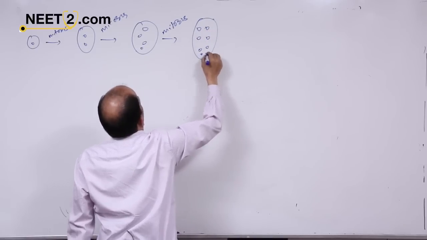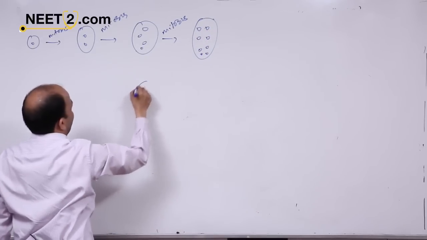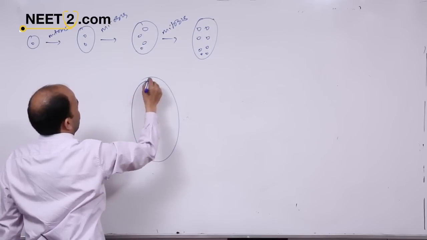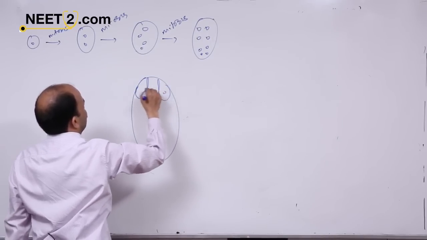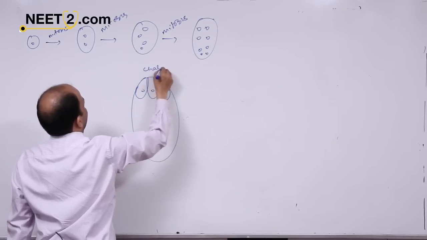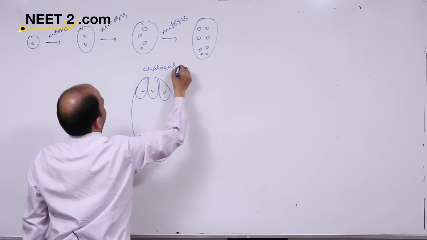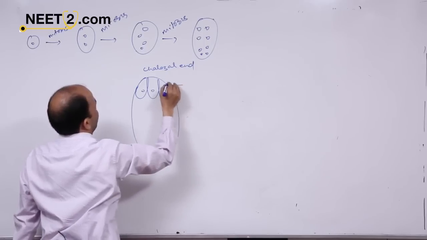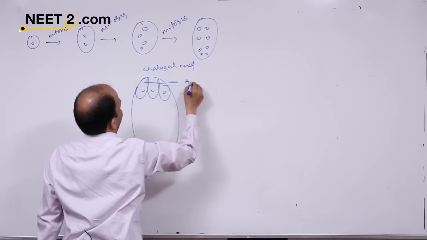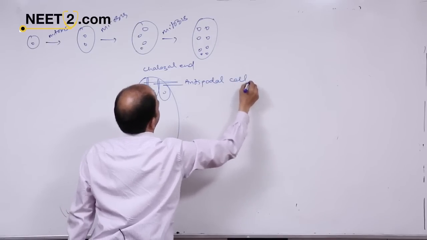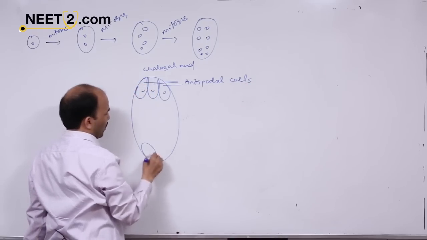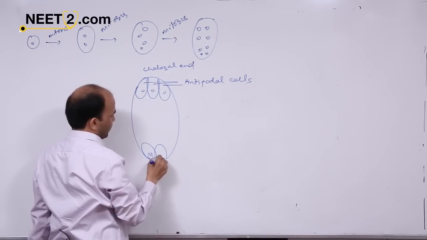Out of these 8 nuclei, here you will find 3 nuclei at the chalazal end. This is the chalazal end. They will organize into antipodal cells. And 3 nuclei will be organized into the egg apparatus.